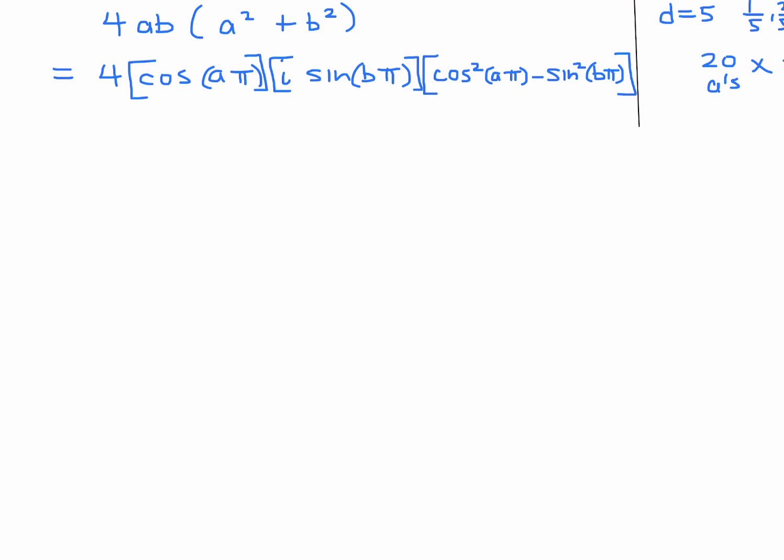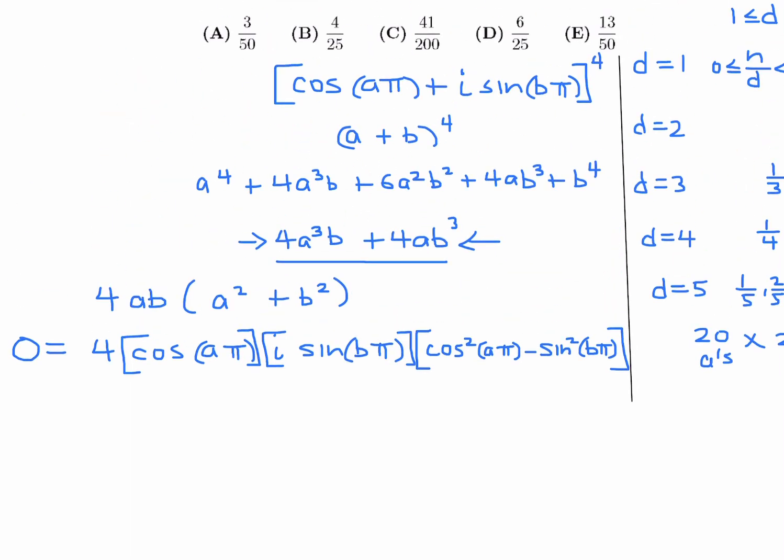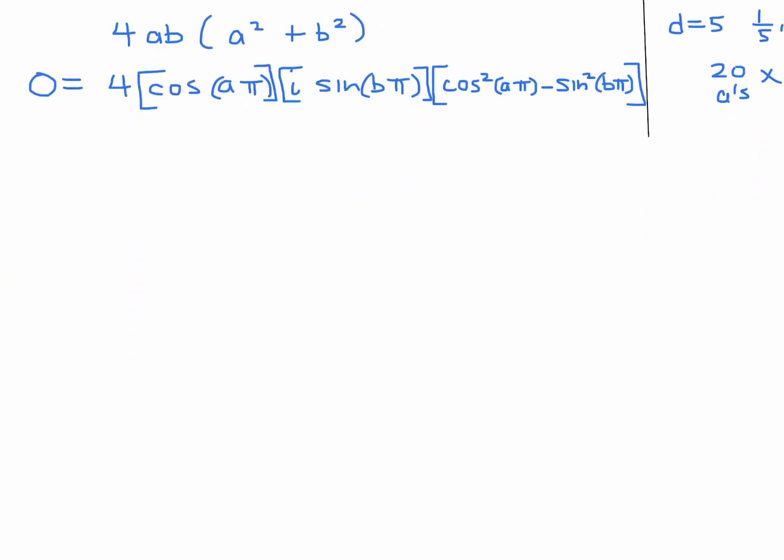We want this to equal 0. Now you say, well, why? Well, because if this equals 0, then the imaginary part will disappear. And when the imaginary part disappears, what's left is real. So this whole thing will be real, and that's what we want.